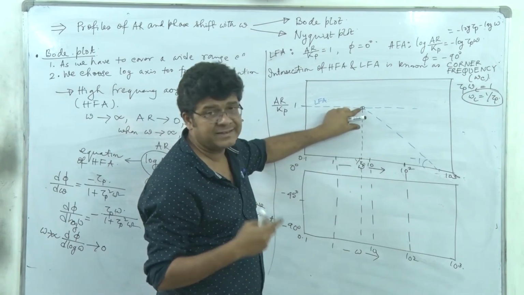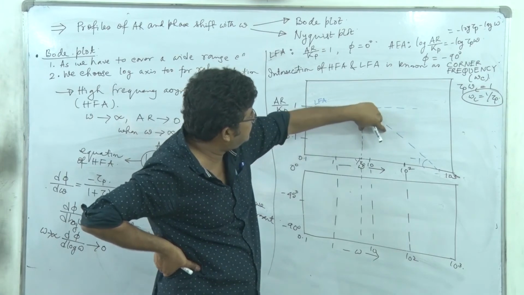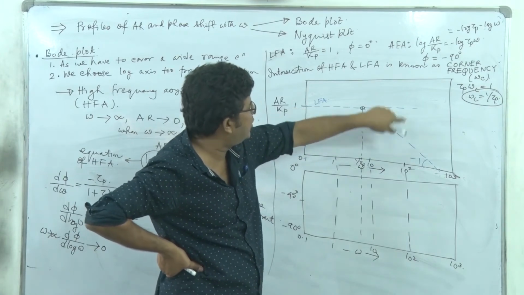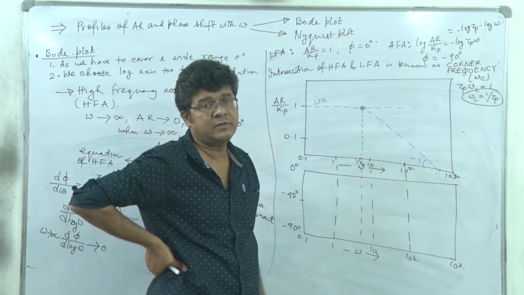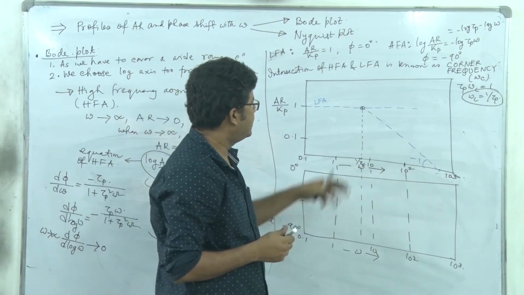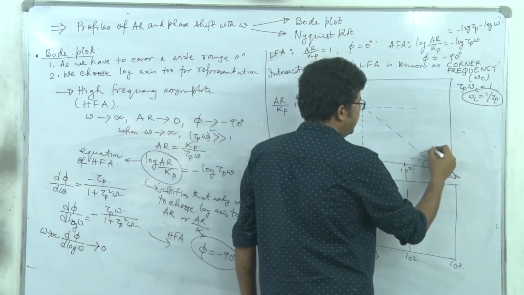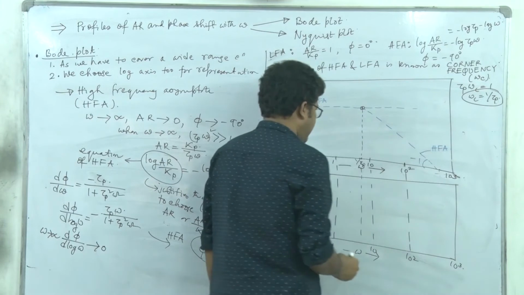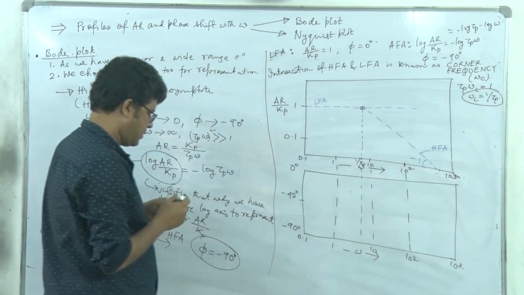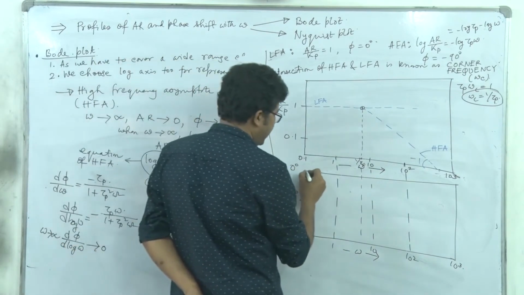In log-log, that is the beauty, that if we go by 5 cm in this direction and 5 cm in this direction and mark the point, that will be the line with the slope of -1. Previously we have marked the LFA. Now in this phi versus omega plot, the LFA is this.